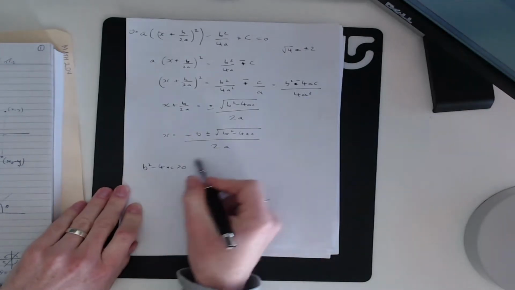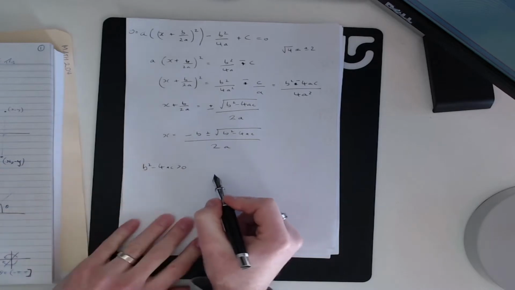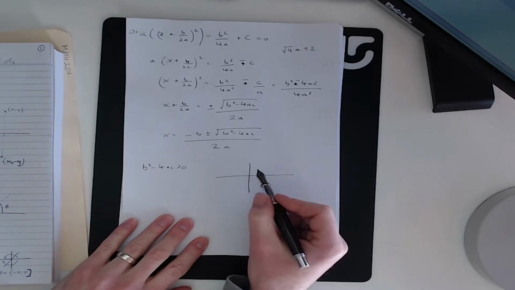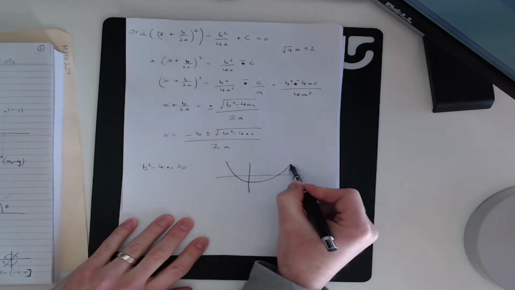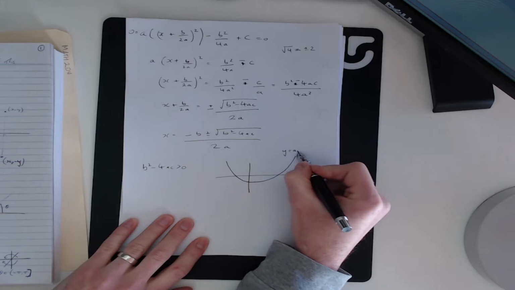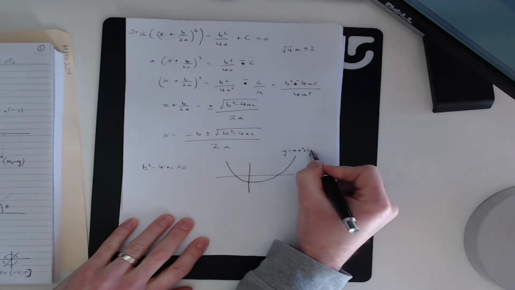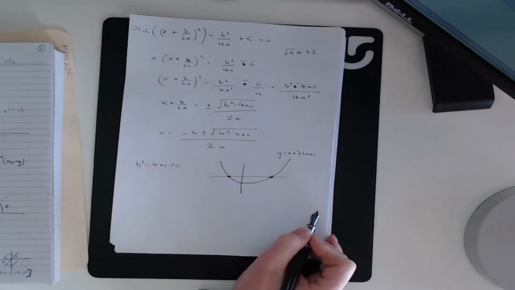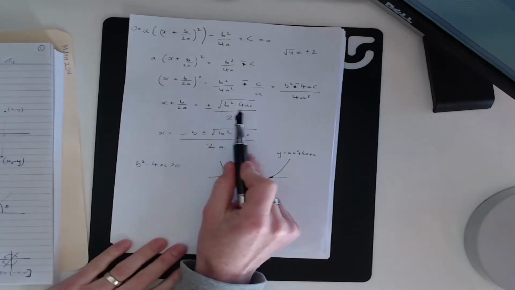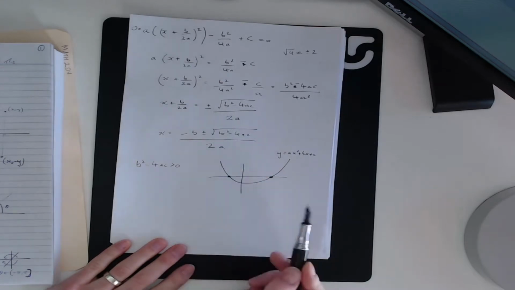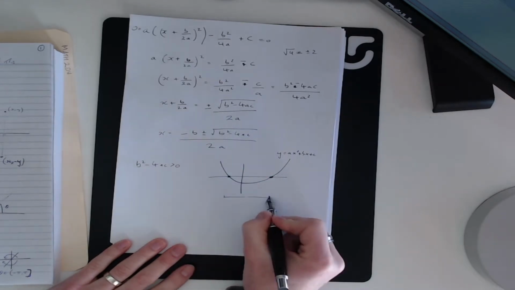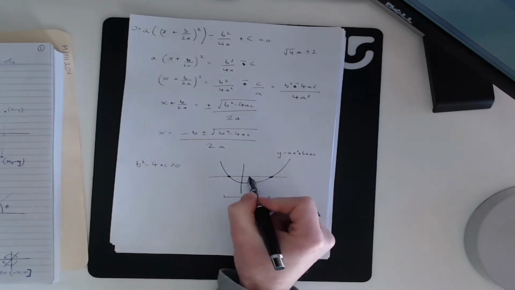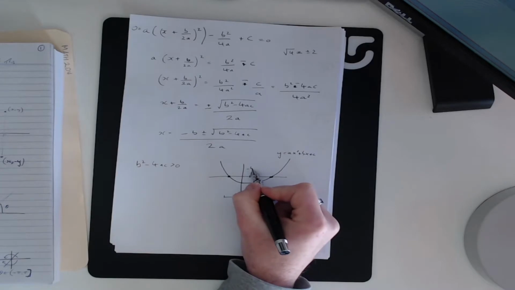We have two different roots corresponding to the plus or minus sign, and we know that our original equation just looks something like this: y equals ax squared plus bx plus c, and there are the two roots that differ by the square root of b squared minus 4ac over 2a. Differ by two lots of that. In the middle somewhere is minus b over 2a.